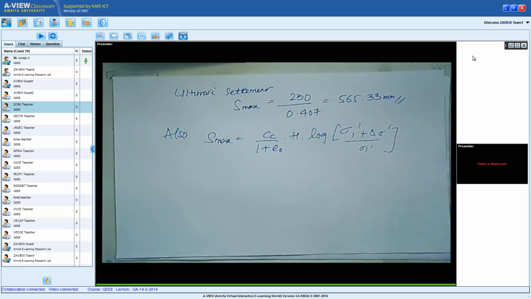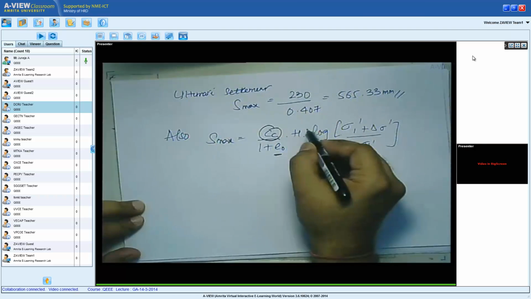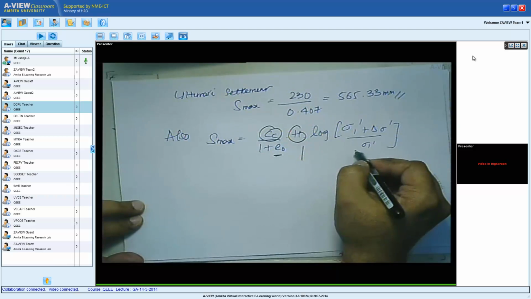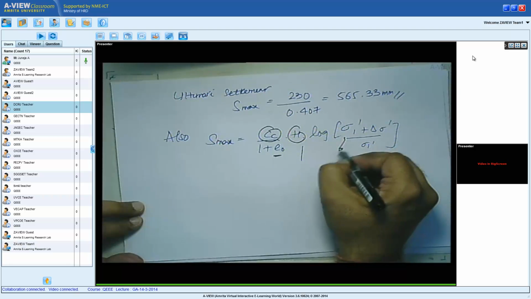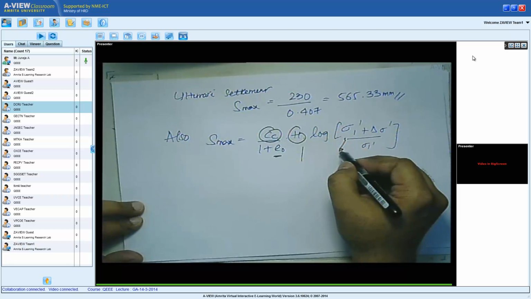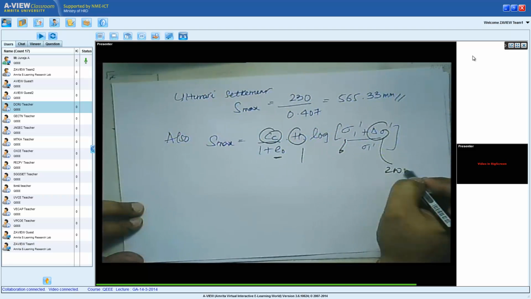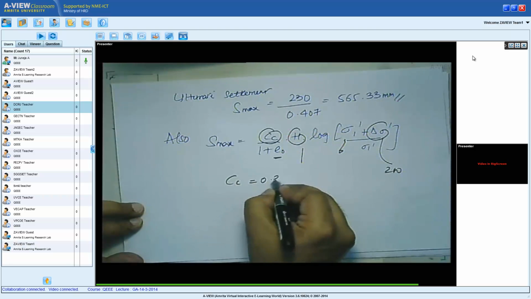We have just looked at this equation, and we need to look at it carefully. e naught is given, Cc is something we have to deduce, H is the total thickness of the layer, and sigma 1 prime is the original mean effective stress in the middle of the clay layer. So this uses our previous theory. The unit weights of the clay layer and the sand layer are given. Delta sigma is 200 kPa. So if you plug in your numbers, your Cc should be 0.33.